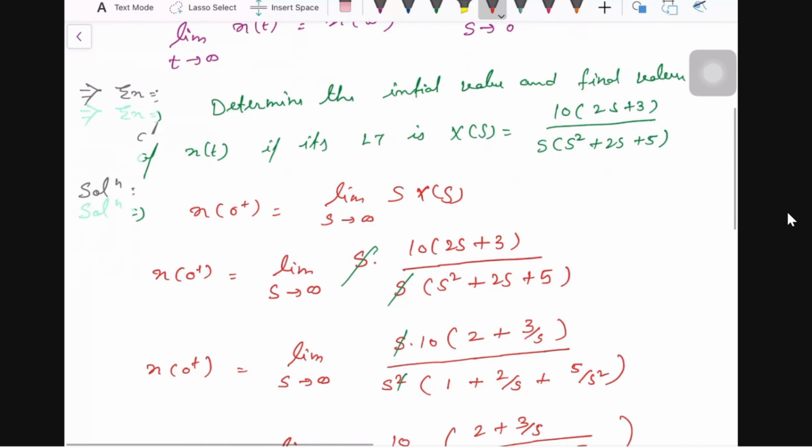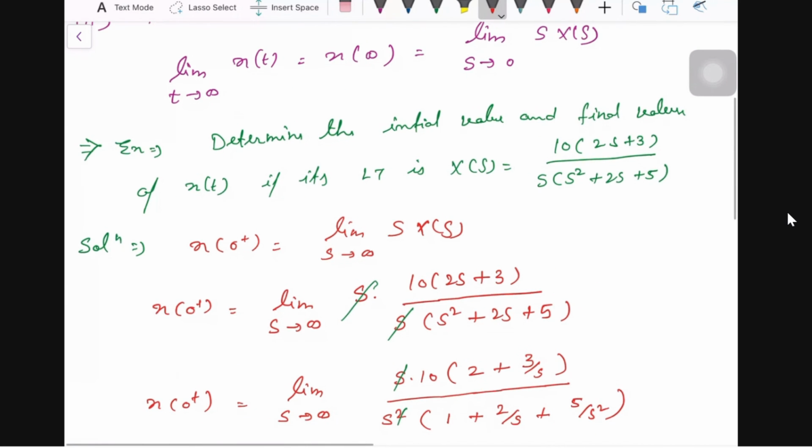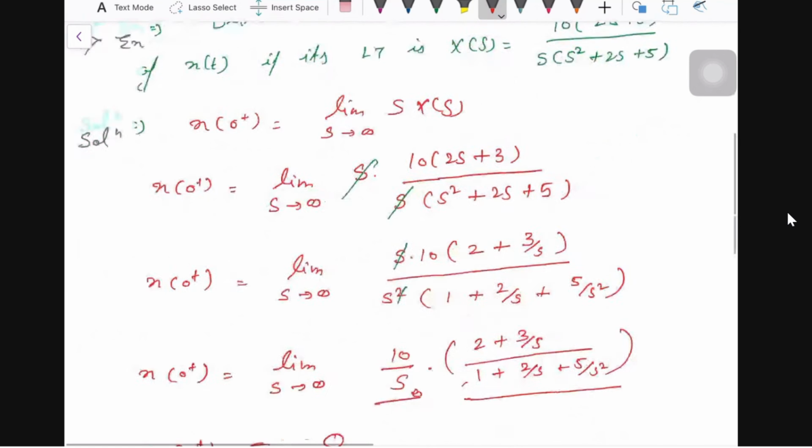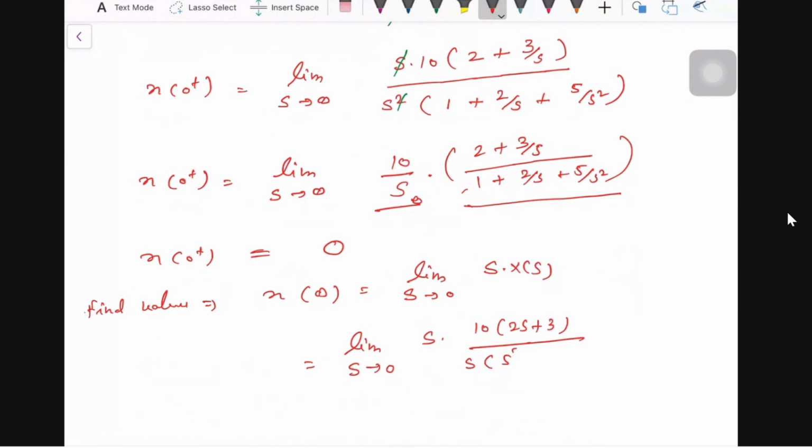That is your 10(2s plus 3) upon s square plus 2s plus 5.